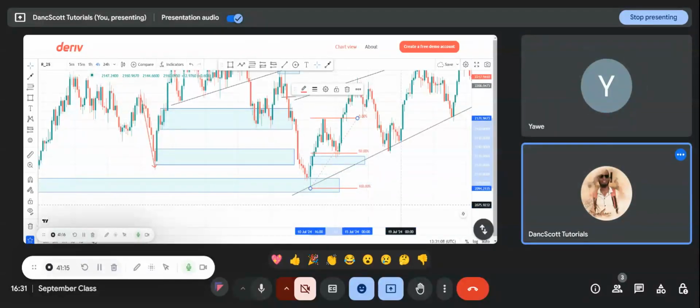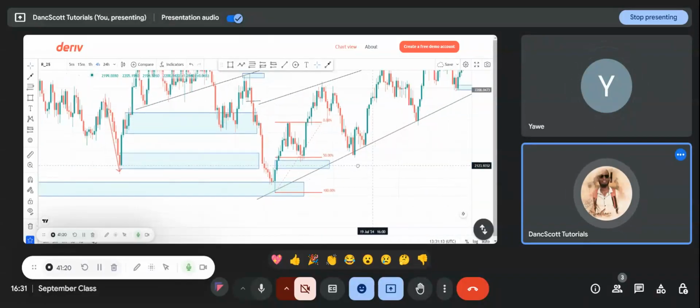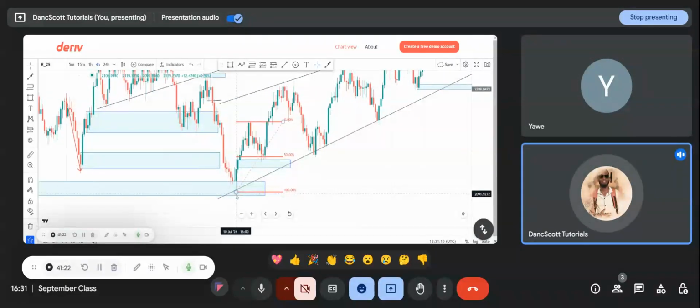When you draw Fibonacci, we draw it from our lower low to our higher high. Are you understanding? Yes, that's how we draw our Fibonacci. So from our lower low to our higher high, we are looking for the level of retracement where possibly we will see our retracement happen from.